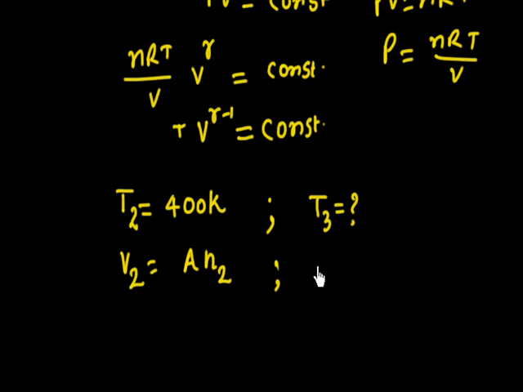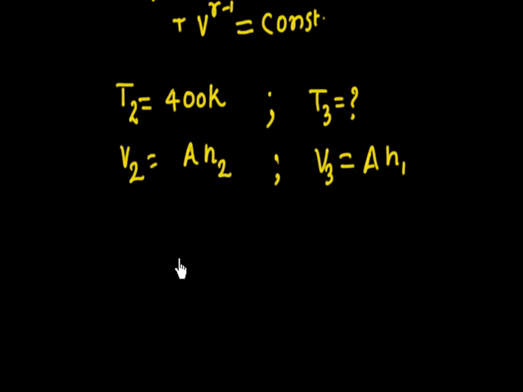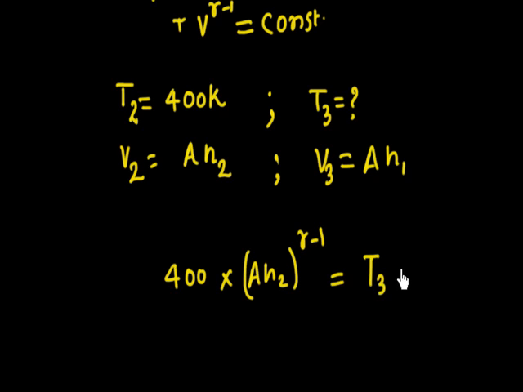That is T3, and the volume V3 will be A times H1, because this becomes the original volume. If I apply TV^(gamma minus 1) equals constant, so T is 400 Kelvin into V, initial volume is A into H2 to the power gamma minus 1. This is equal to T3 and V3 is A into H1 to the power gamma minus 1.